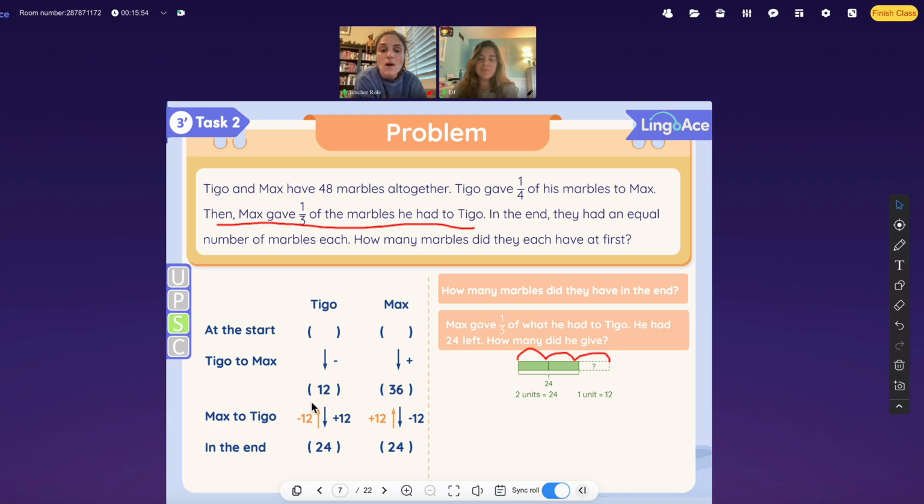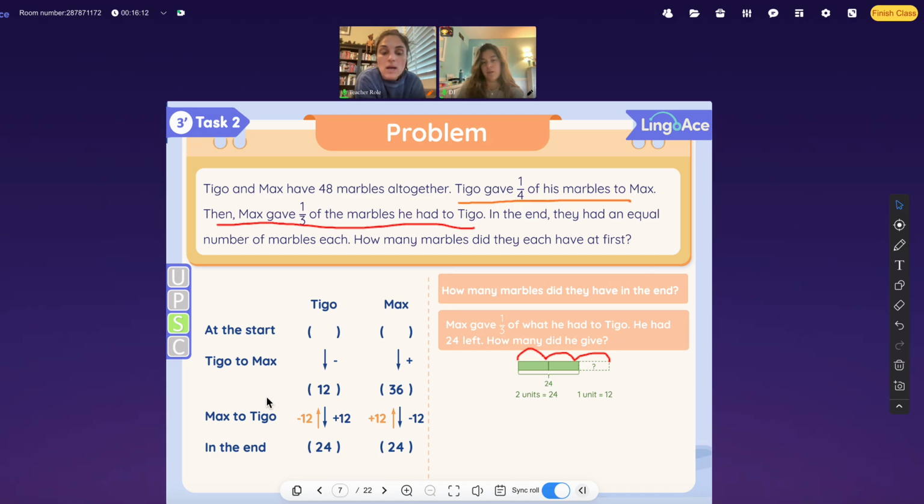Excellent. So now we know 12 and 36. Let's move on to the next part of our problem. Go ahead and read this one for me. Tigo gave 1/4 of his marbles to Max. Good. Okay, so now how do we figure out this one?